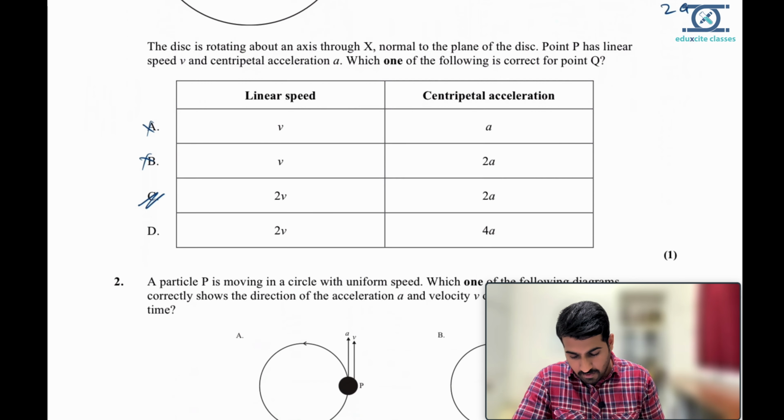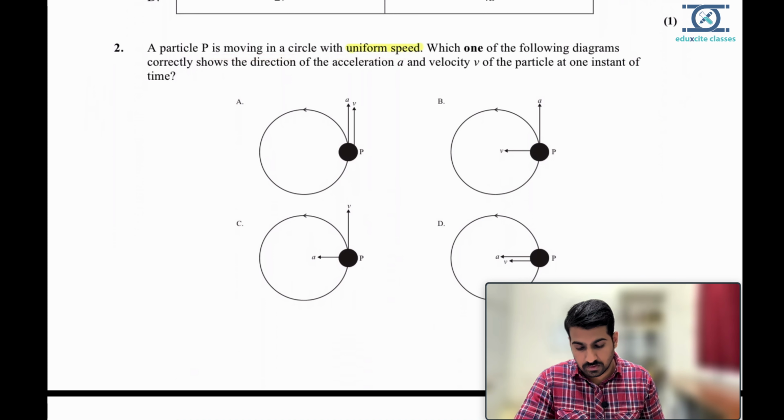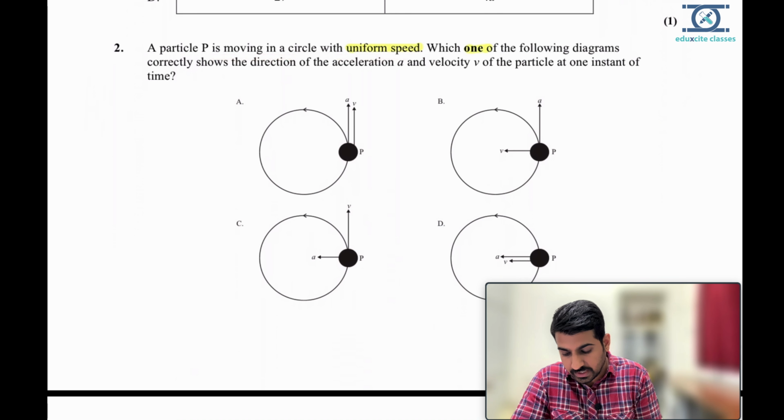Now question number 2. The point P is moving in a circle with uniform speed. Whenever an object is moving with a uniform speed in uniform circular motion, which one of the following diagrams correctly shows the direction of the acceleration A and the velocity v of the particle?